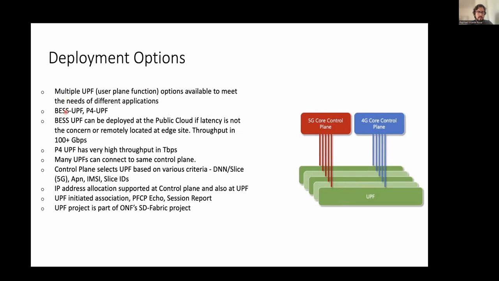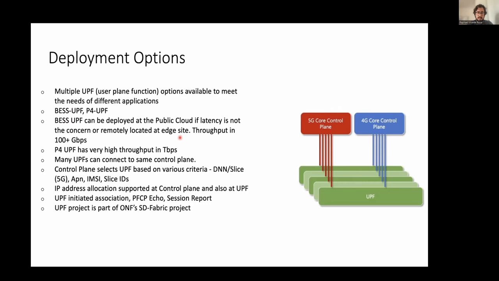One is called BESS UPF. This is based on the software switch, named BESS, where the UPF component is virtualized. It means that it can also run as a containerized component in a Kubernetes cluster. So this BESS UPF can be deployed both in the public cloud or in the edge cloud, and it presents throughput of about 100 gigabits per second.